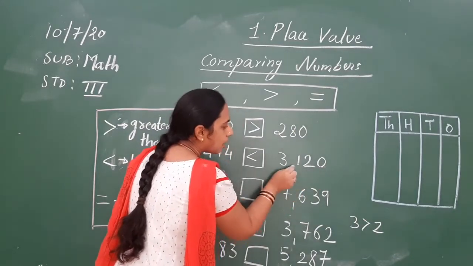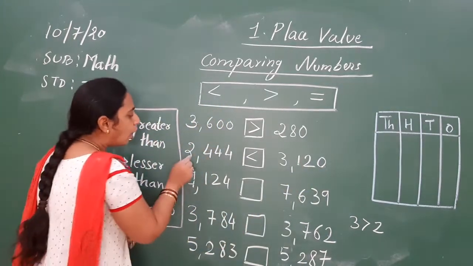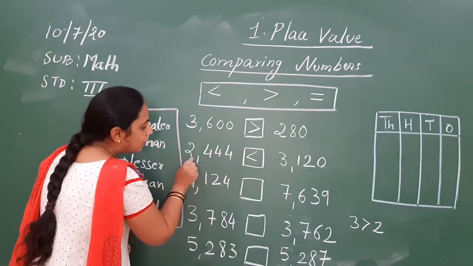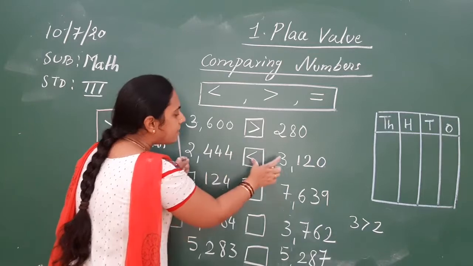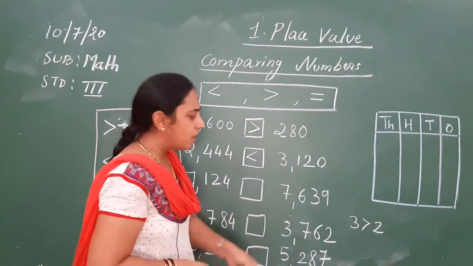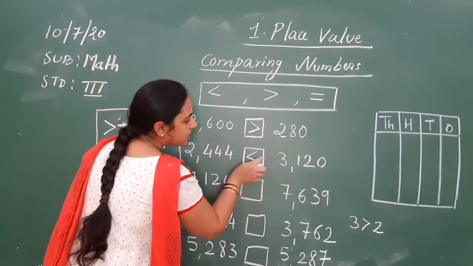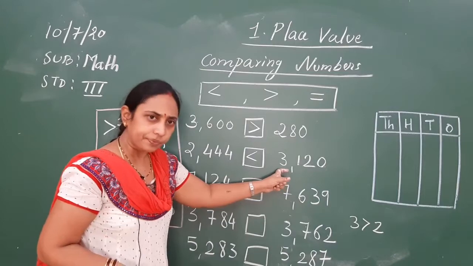Here, what is the number? 2444. So we will see the thousands place, 3 is greater than 2. That means you can see here the open side is always representing the number which is greater, right?